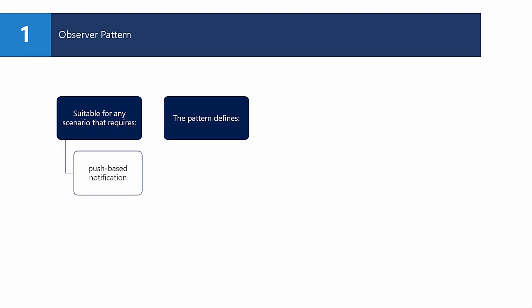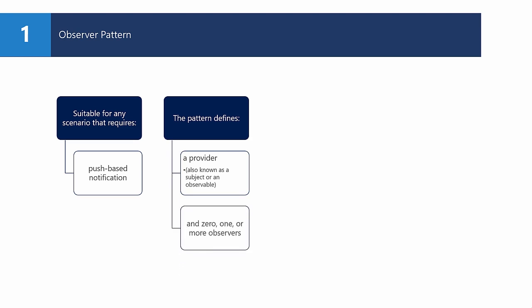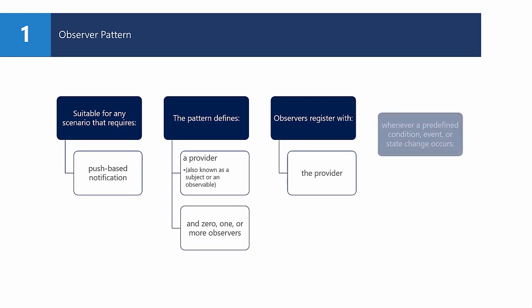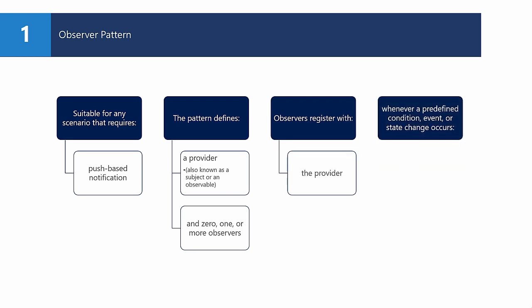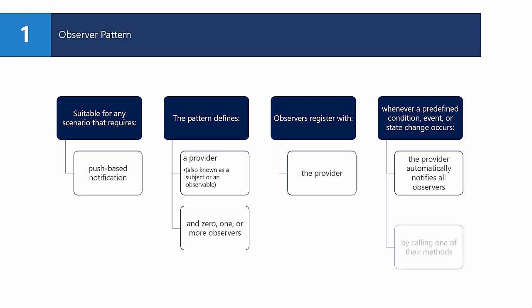The pattern defines a provider, which is also known as a subject or an observable, and 0, 1 or more observers. These observers will register with the provider. Whenever a predefined condition, event, or a state change occurs, the provider will automatically notify all of the observers by calling one of their methods.